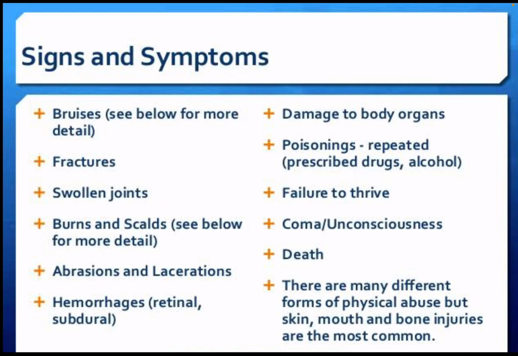You will observe burns and scars on the body. Abrasions and lacerations would be there. Hemorrhages are also noted, mostly subdural or retinal. There would be damage to the different organs of the body.